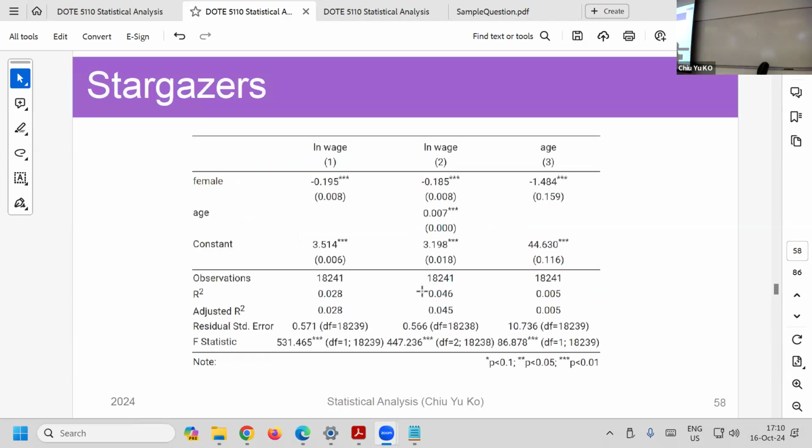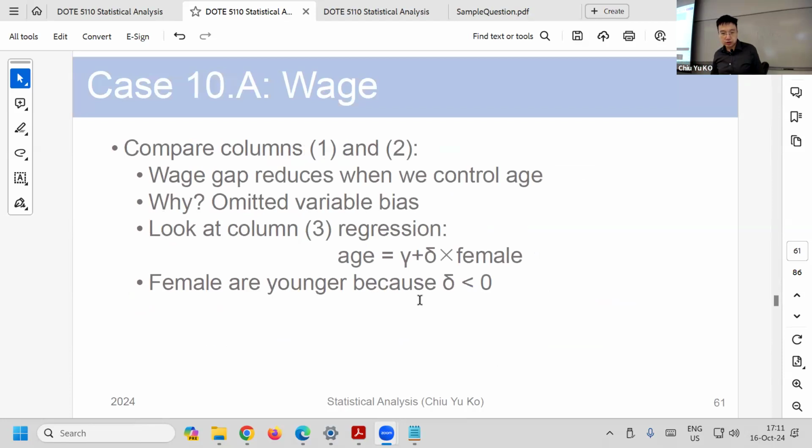And the reason is that this is positive, right? This is smaller, right? Because the age effect for female is negative. So on average, age and female are inversely related. That's why female are younger and older people actually earn more, right?